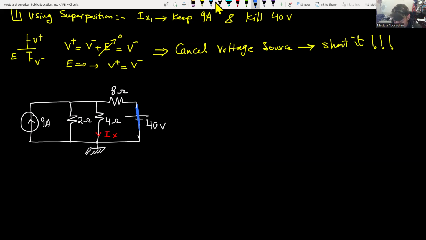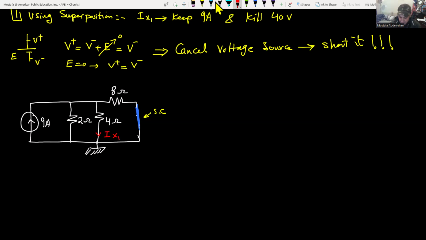Actually, we can just delete it and put a short instead of it. This is a short circuit. Because of the short circuit, any point in it has the same voltage. It's one node. Now our circuit has just one source, and this Ix is now called Ix1, not Ix.